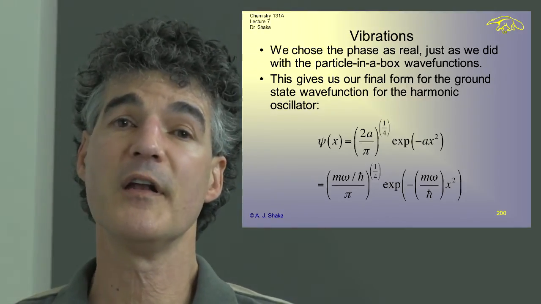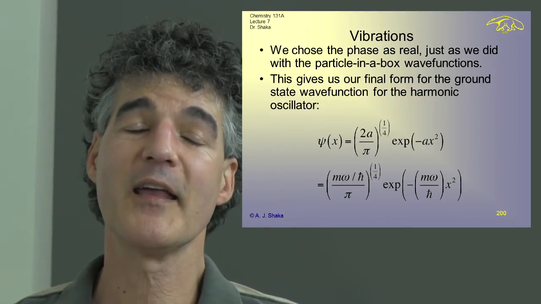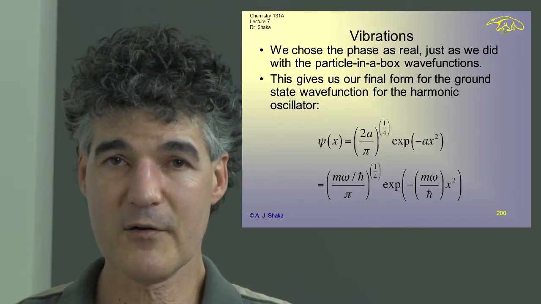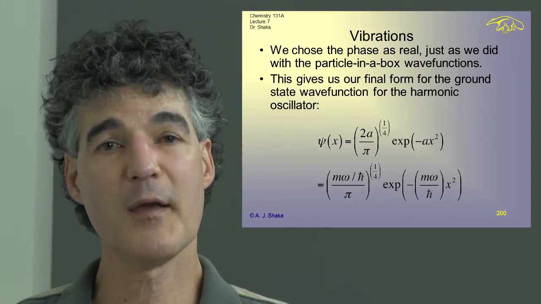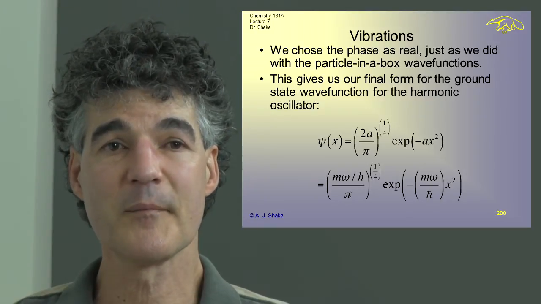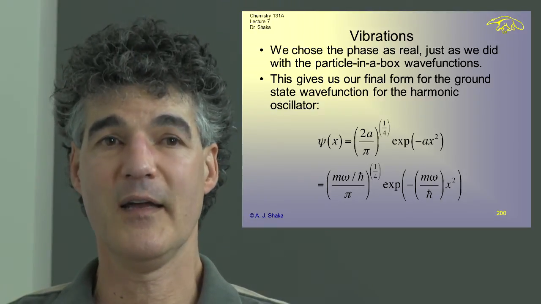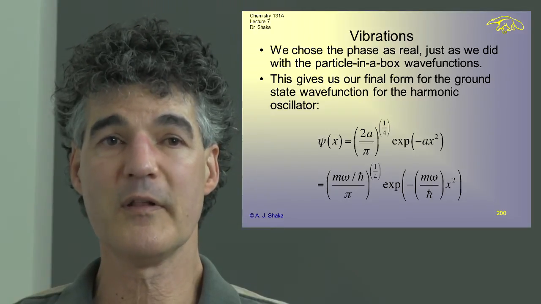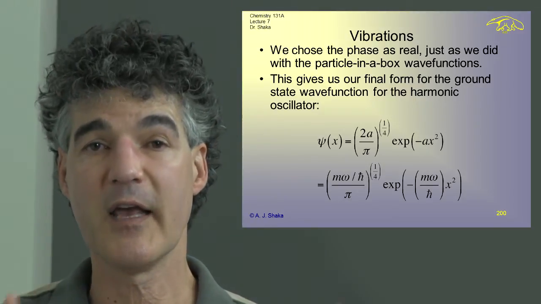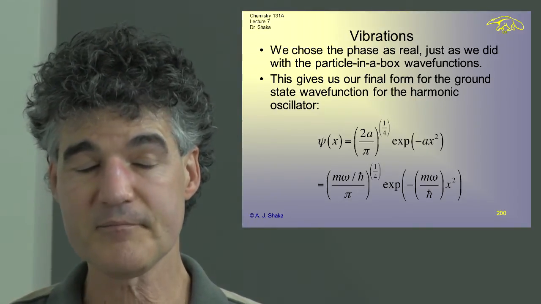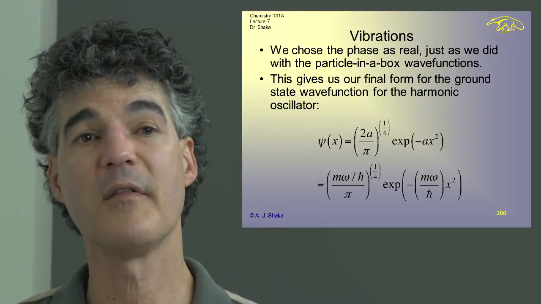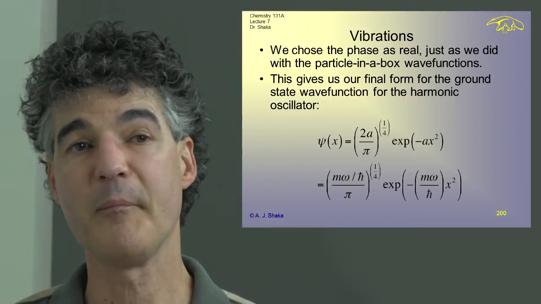And there are some very nice mathematical ways of attacking that problem that are very beautiful, but they take us a little bit too far afield for our course, and they don't have that much to do with chemistry. They have more to do with operator algebra and quantum physics than chemistry. And so we're not going to explore those, but we'll just quote that the general solution is some polynomial in x that you have to pick carefully times e to the minus ax squared. So that part of it is always the same.